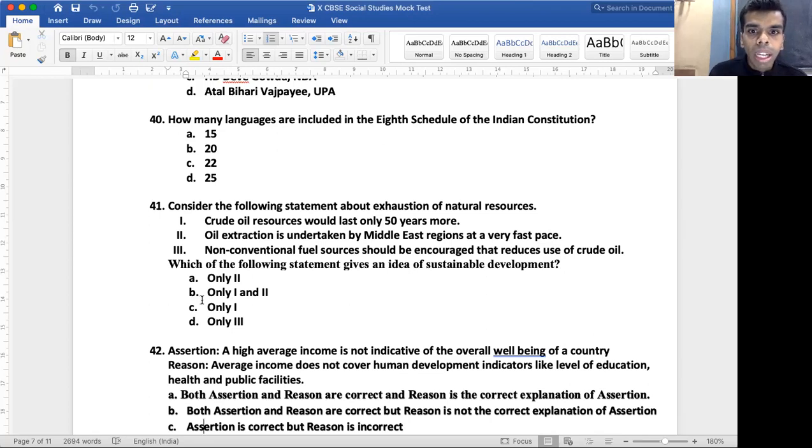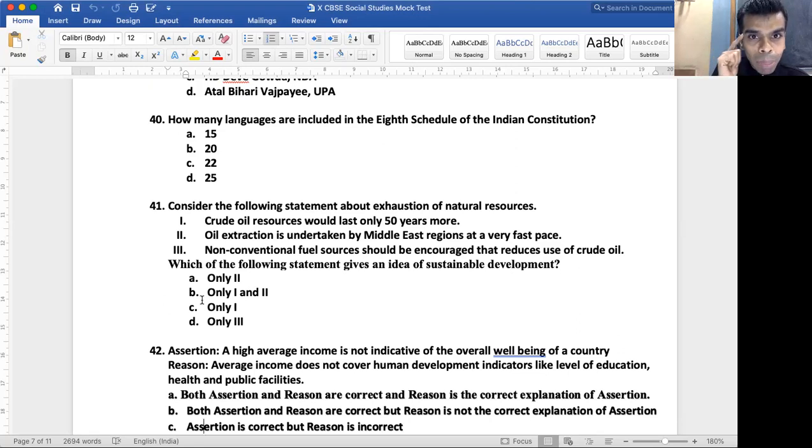Statement 1. Crude oil resources would last only 50 years more. Second statement. Oil extraction is undertaken by Middle East regions at a very fast pace. Statement 3. Non-conventional fuel sources should be encouraged that reduce use of crude oil. हमको बोला है, which of the following statements gives an idea about sustainable development?